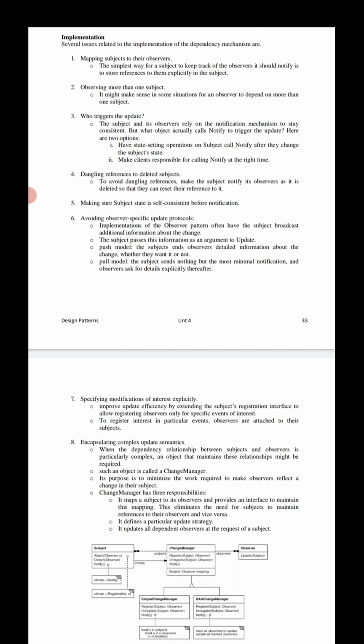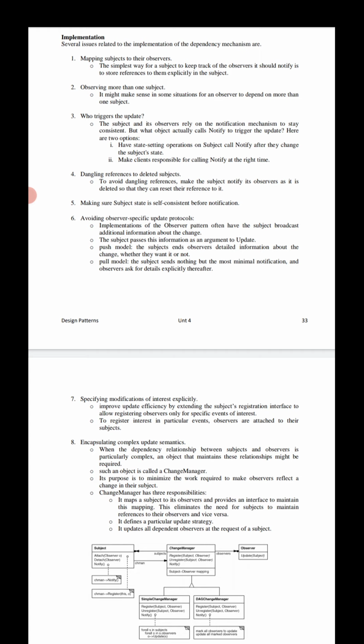And coming to the fifth implementation section, making sure the subject's state is self-consistent before notification. What does this mean? It is very important to make sure that the subject's state is self-consistent before calling notify, because observers query the subject for its current state in the course of updating their own state.